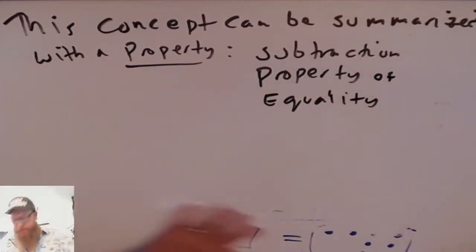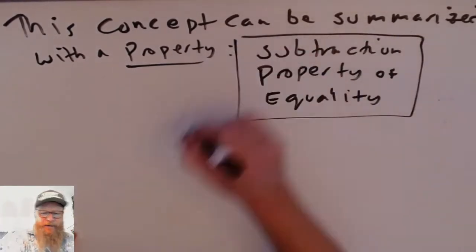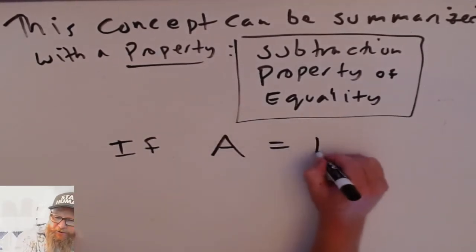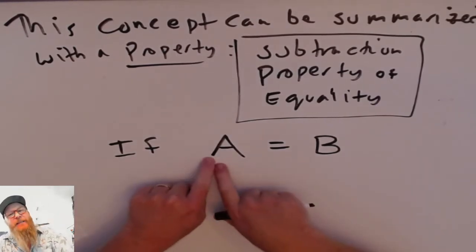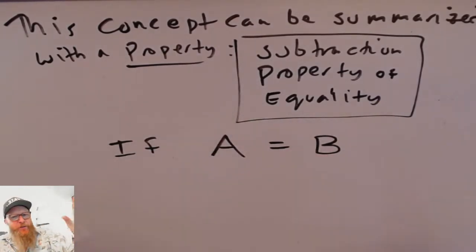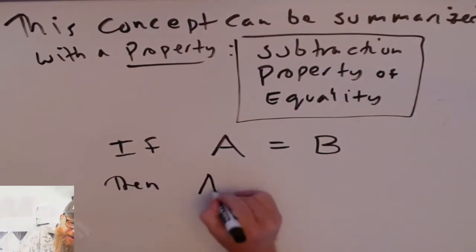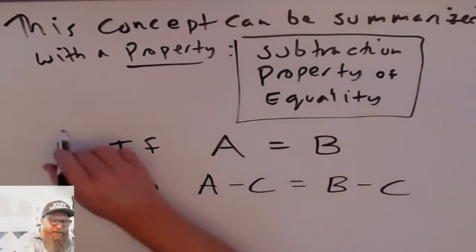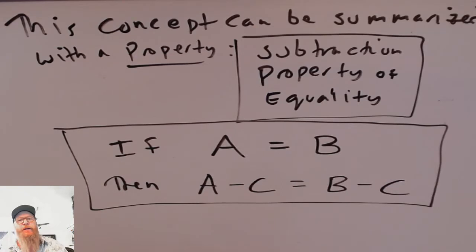The subtraction property of equality. And so what it says is if A is equal to B, that's, again, left-hand side is equal to the right-hand side. Those are those sides of the scale. Then A minus C is equal to B minus C. And we call this the subtraction property of equality.